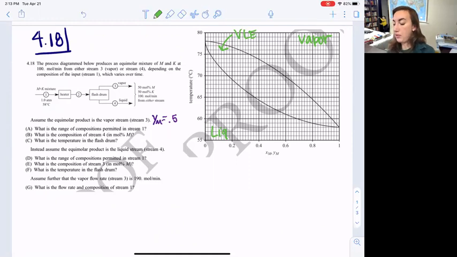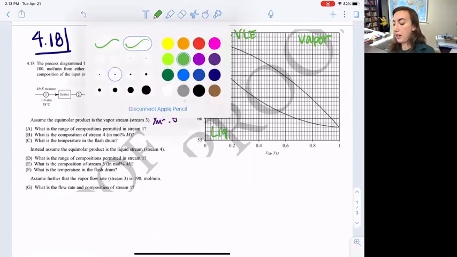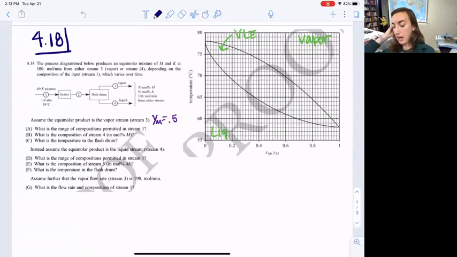What the problem is telling us when it says we have Ym of 0.5 is that we are on that vapor curve at a mole fraction of 0.5. So we can find 0.5 down here and connect it up, and we hit the vapor curve right here. So our vapor stream has a mole fraction of 0.5.